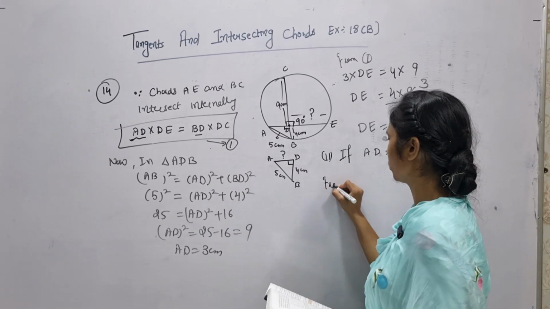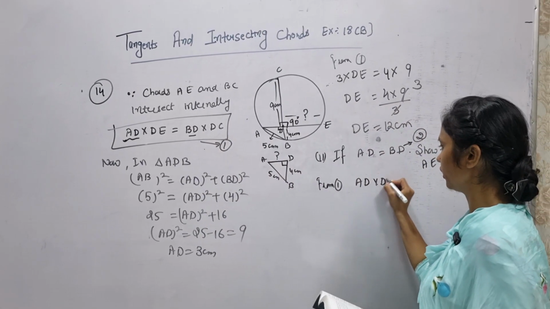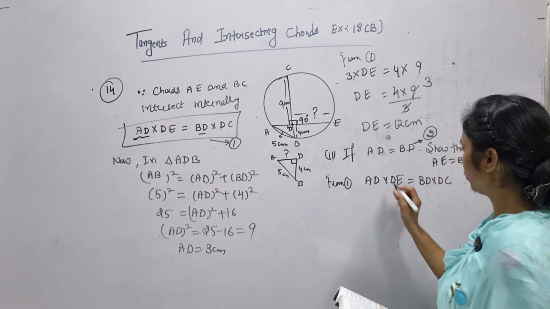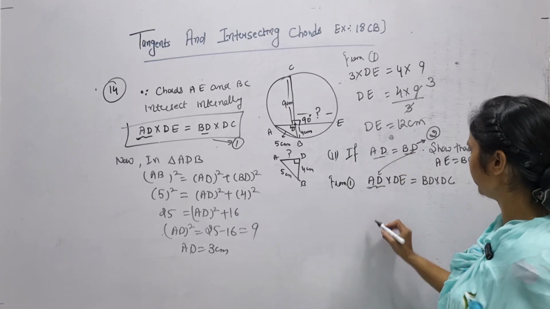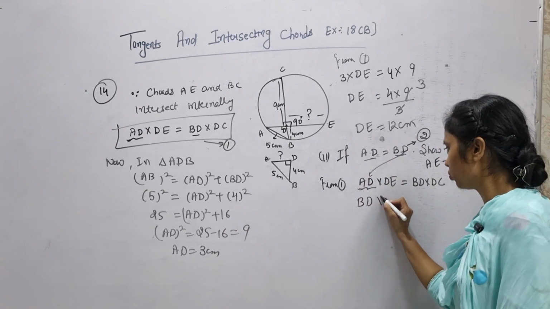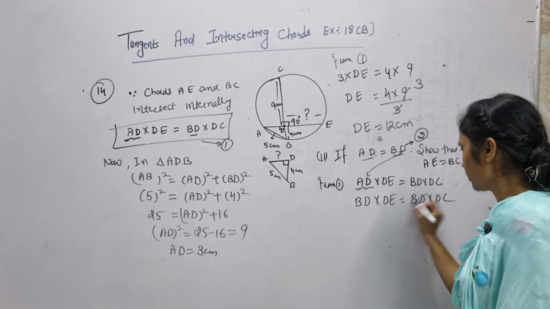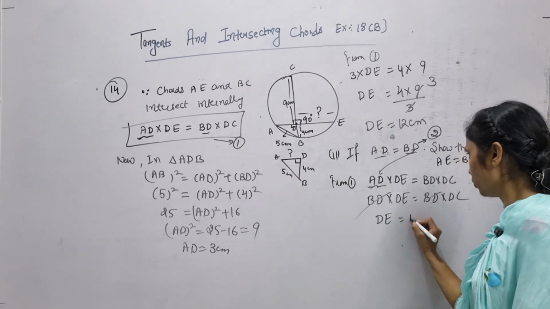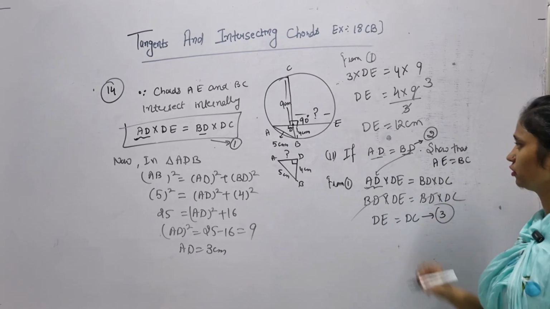Now from 1, write 1 again: AD into DE is equal to BD into DC. We know that AD is equal to BD, so instead of AD I am going to write BD here. BD into DE is equal to BD into DC. Same length will be cancelled out, means DE is equal to DC. Suppose this is equation number 3.